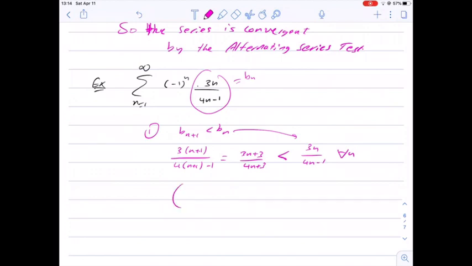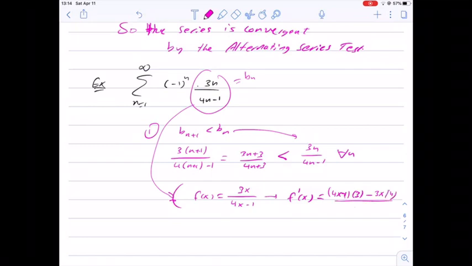Or if it's not easy to do so, we can find the derivative. We can take Bn, consider it as a function of x, 3x over 4x minus 1, and then find the derivative. Denominator times the derivative of the numerator minus the numerator times the derivative of the denominator, over denominator squared.